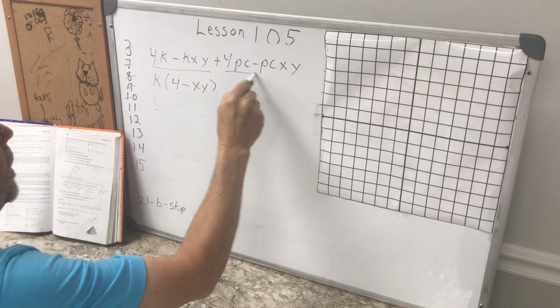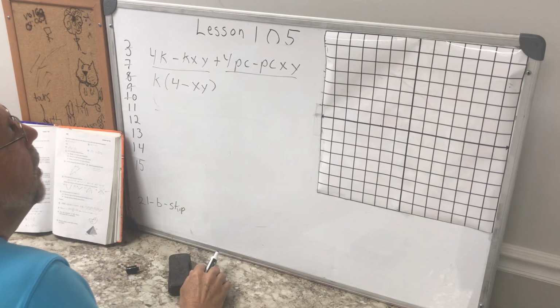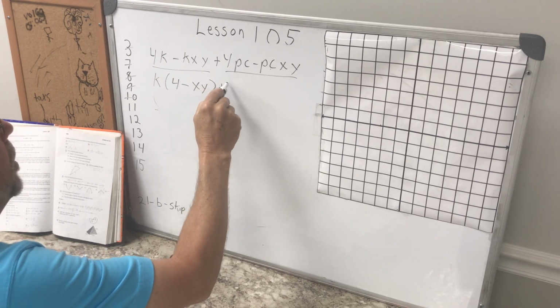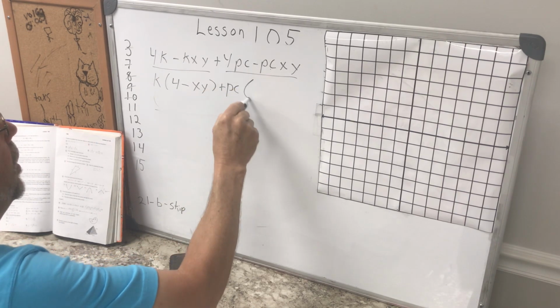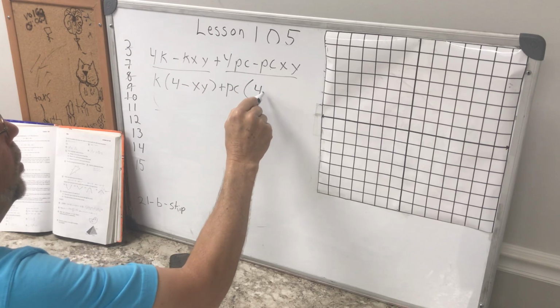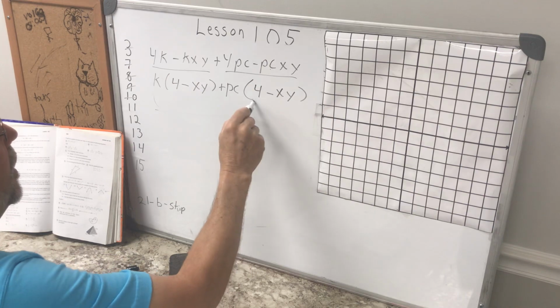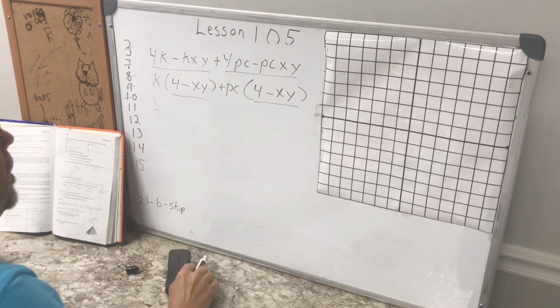And on this side, what can we factor out? We can factor out the pc, is that right? pc and a pc, so we got plus pc, and we end up with 4 negative xy. Isn't that neat?